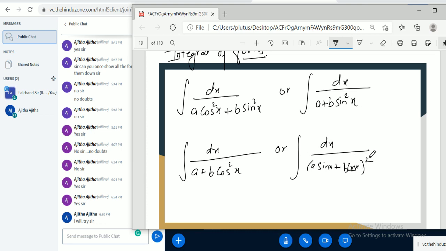Okay, all these kinds of integration. How to solve all these kinds of integration?